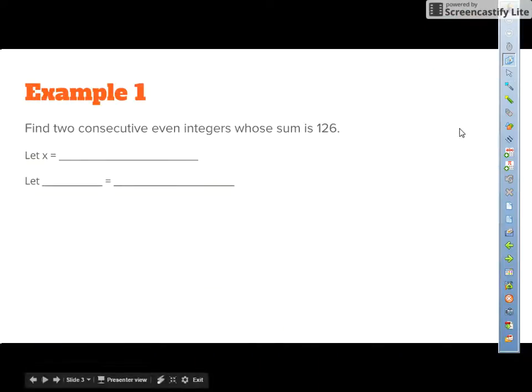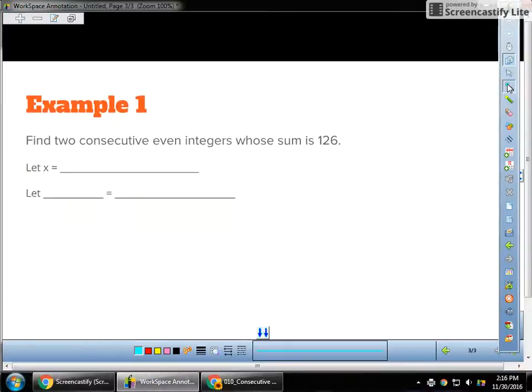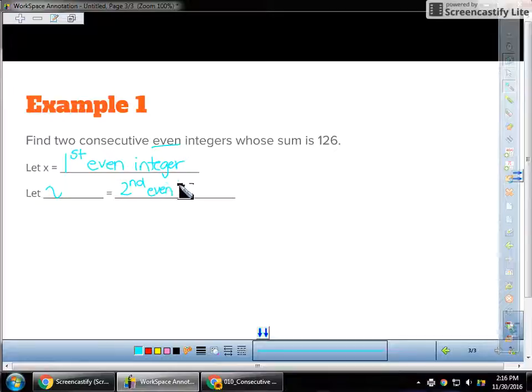So if we take a look, example 1 says find two consecutive even integers whose sum is 126. We know that x is the first, in this case, even integer. Obviously, if it were odd, we would write the word odd there. And then my second even integer is always represented by x plus 2.